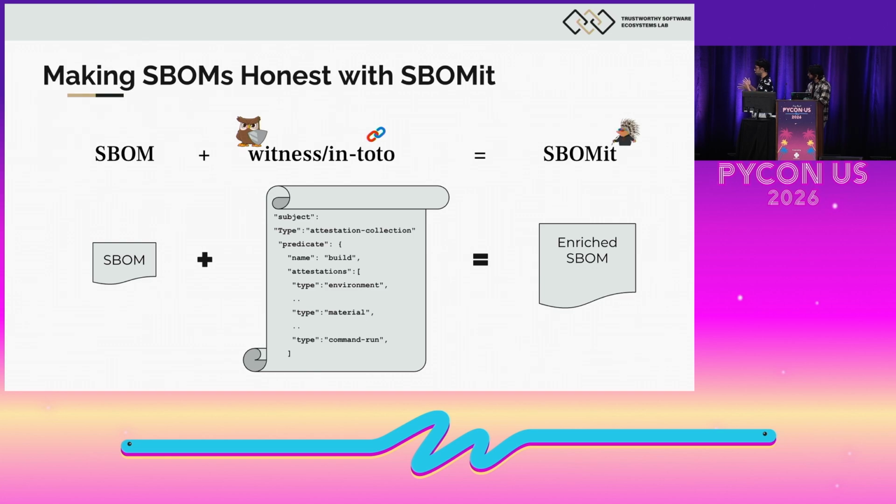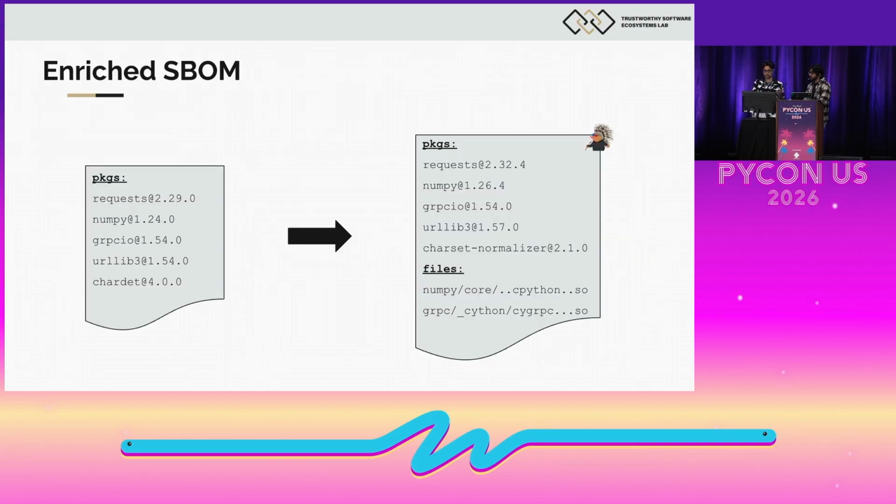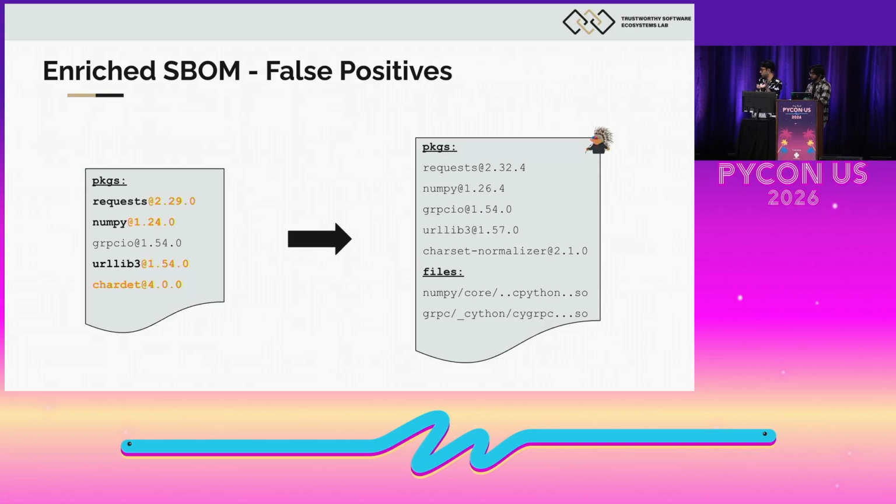And what we have at the end is an enriched SBOM, which is supposed to give you an entire picture of what software you shipped, what you're vulnerable to, and what you're not vulnerable to. So for instance, on the left we have what a non-enriched SBOM would give you versus what the enriched SBOM would give you. In this particular example, reading the manifest file tells you that there's this version of requests, this version of NumPy, this version of chardet.